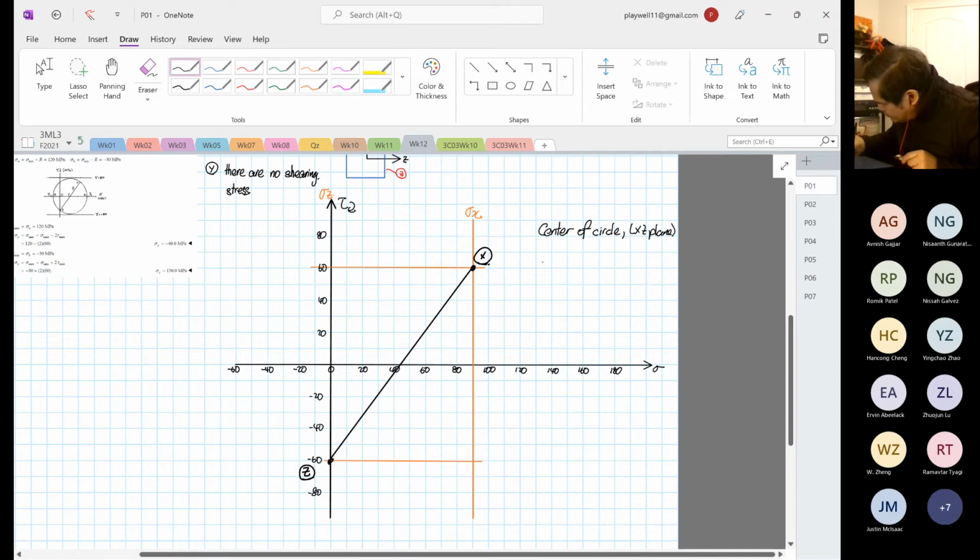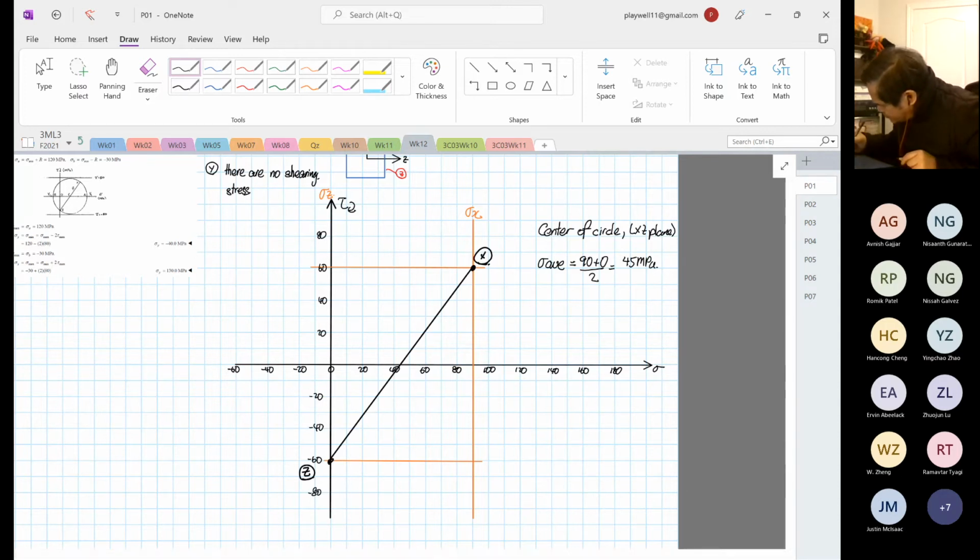Okay. So the stress average is equal to 90 plus 0 by 2. This is 45 megapascal. And then we're going to calculate tau max, the radius of circle.